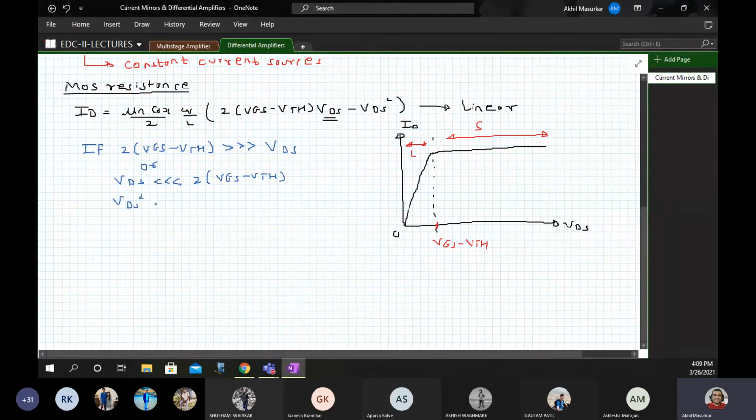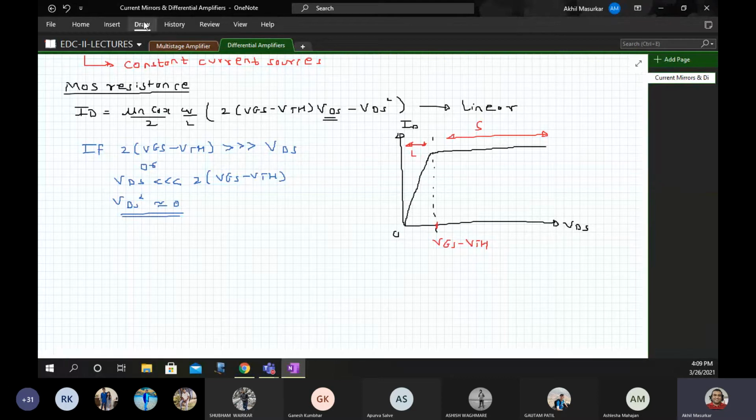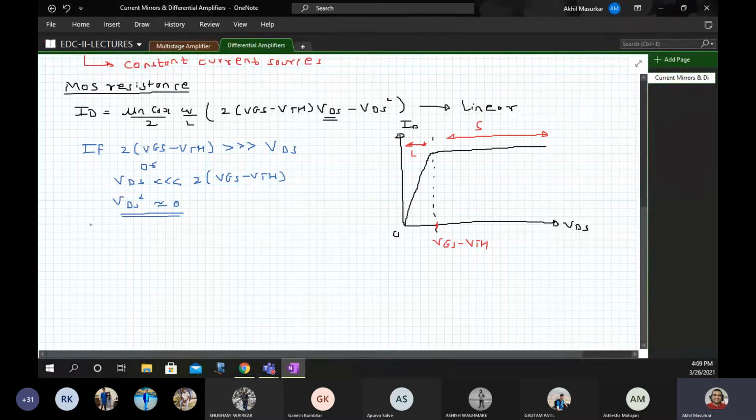So VDS square is almost equal to 0. So we can write ID is equal to mu n COX W by L upon 2 into twice of (VGS minus VTH) into (VDS minus 0), and then these two also can cancel out.